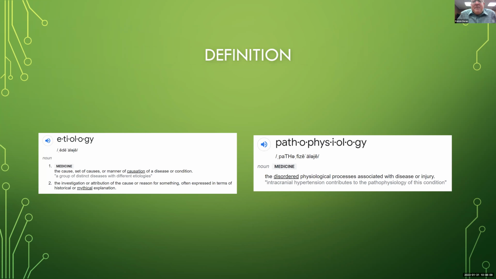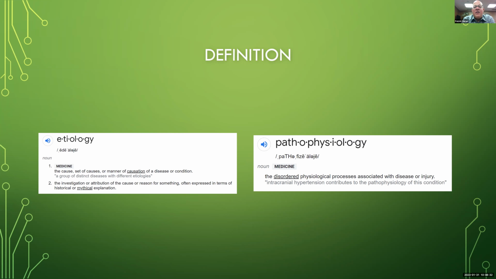So let's talk about some definitions that are going to be on my slides today. Etiology, it's a medical term. The cause, set of causes, or manner of causation of a disease or condition. Okay, so etiology is what is causing it, what's the set or manner of the cause, right?